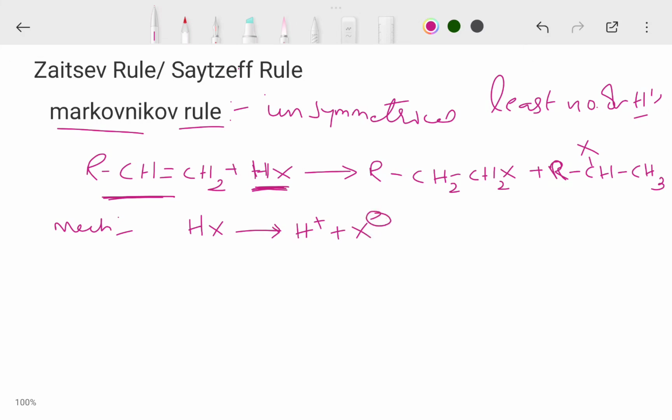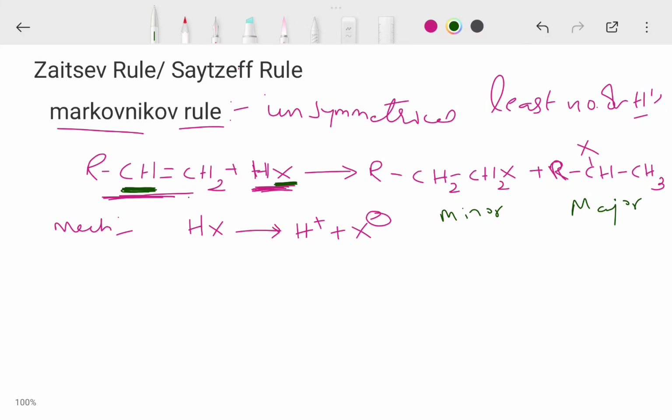The negative part of the reagent is added to that carbon atom of the double bond which bears the least number of hydrogens, and that is the major product. This one is the major product and this one is the minor product.